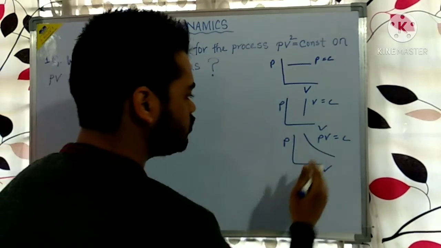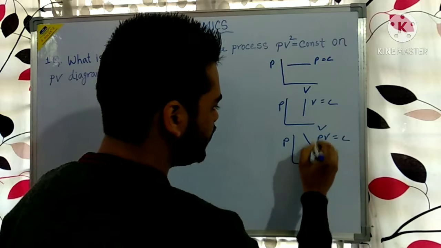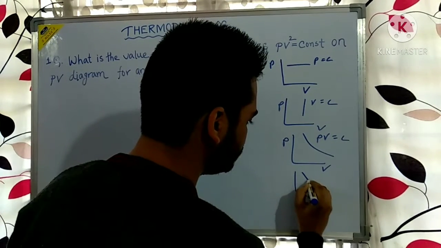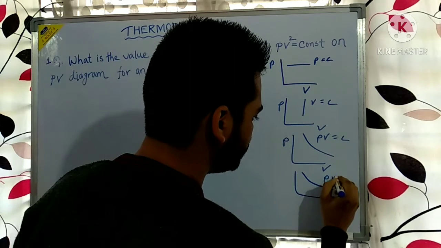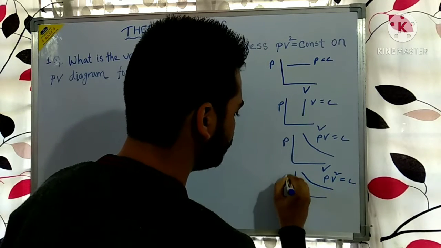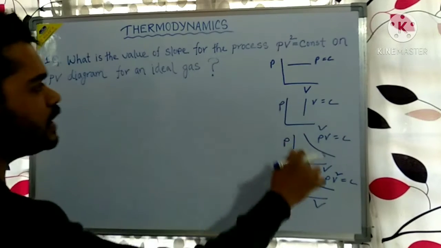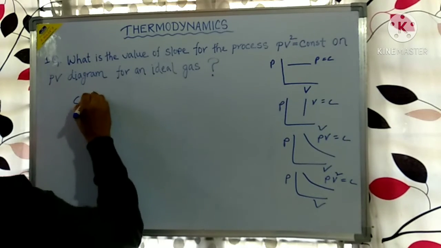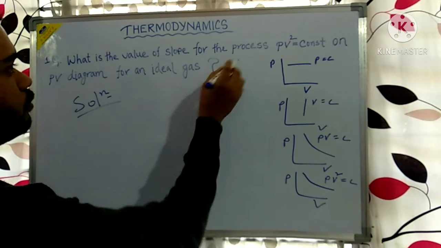And for PV square is equal to constant, it is almost the same, just the slope is something different. But without drawing this diagram also we can solve this question. Let us solve this question. Solution. It is a simple problem but important.